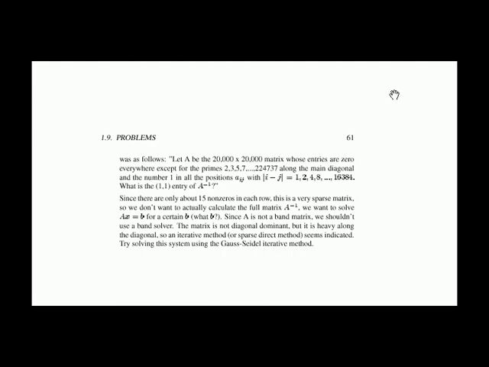It's a very sparse system, 20,000 by 20,000 linear system, only about 15 non-zero elements per row, but yet it's not banded, and I don't think it's possible to put it in a banded form. And you're supposed to solve a linear system. Well, the obvious method of choice here has to be an iterative method, and in fact the iterative method will work quite well, Gauss-Seidel.